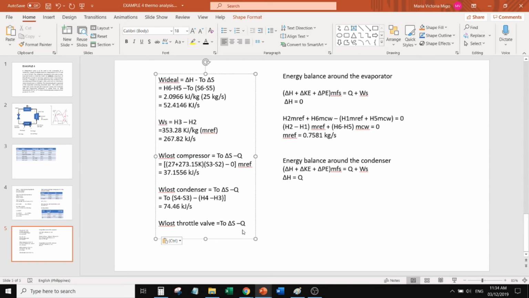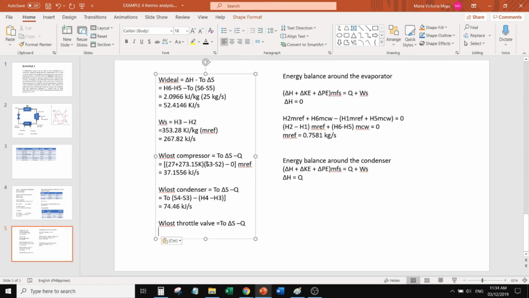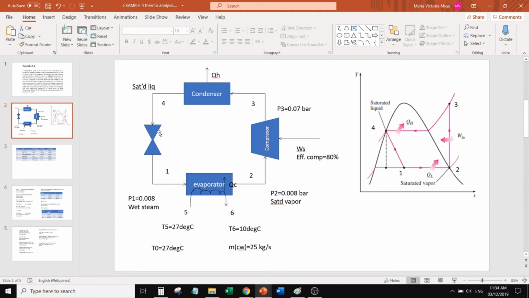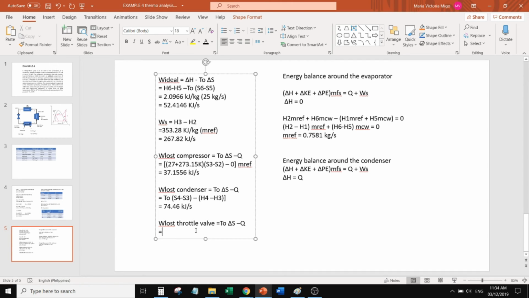Okay, sorry, my mic was off. Work loss in the throttle valve using the same formula. T naught, so in the throttle valve, it's between points 1 and 4. T naught S1 minus S4. For a throttling process, delta H is 0.